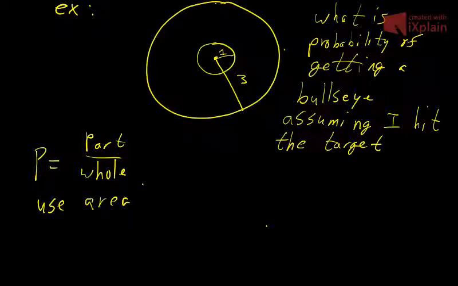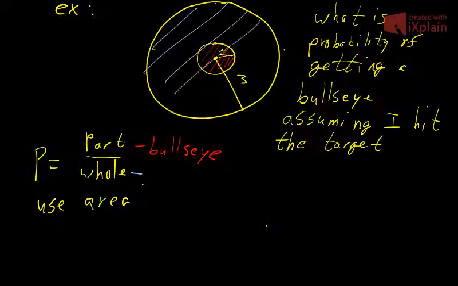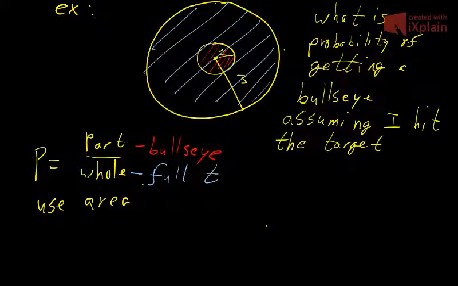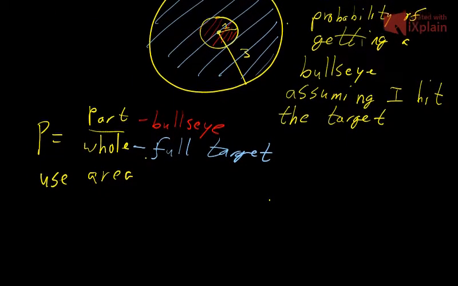The part that I want is going to be the bullseye right in here. And the whole is going to be the entire target, which would be all of this. And if you'll notice, that does include the bullseye. So this is the full target. And we are going to use the area still.